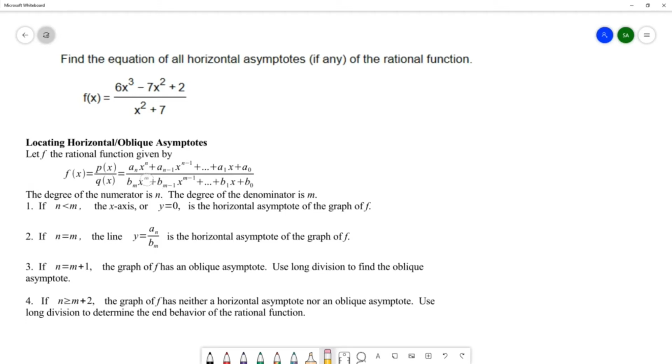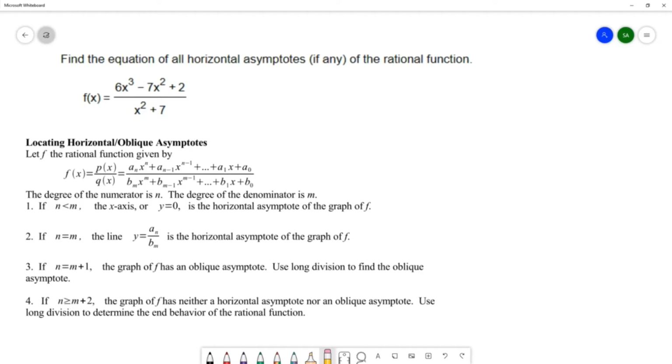And then from the denominator, we take the highest power. We call that m. The degree of the denominator is m. And we compare them. So we have these four situations that have been summarized for us using calculus.